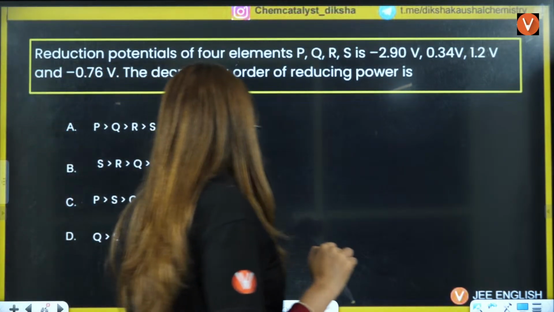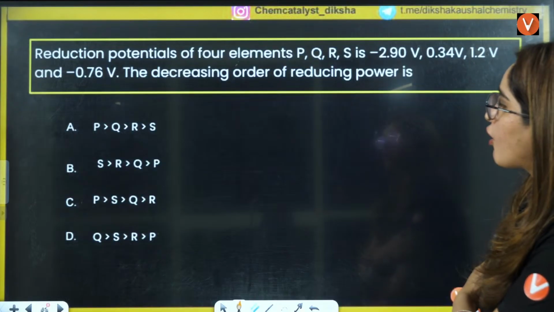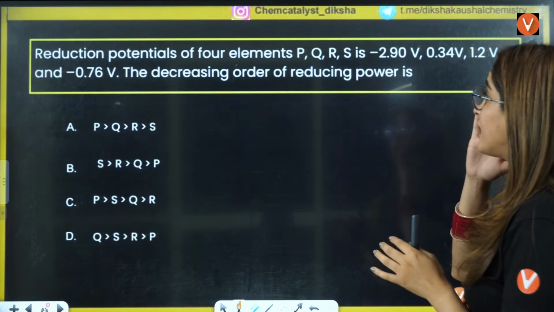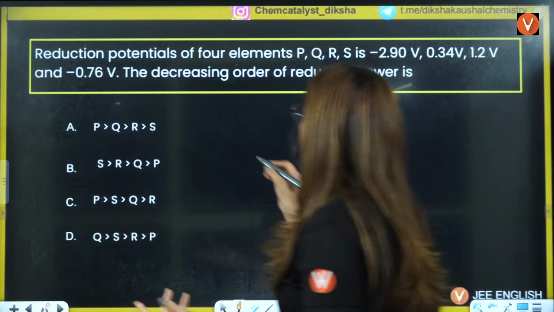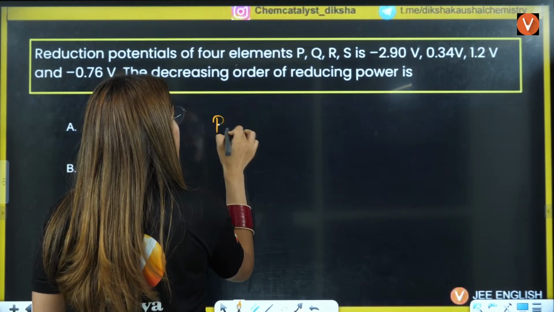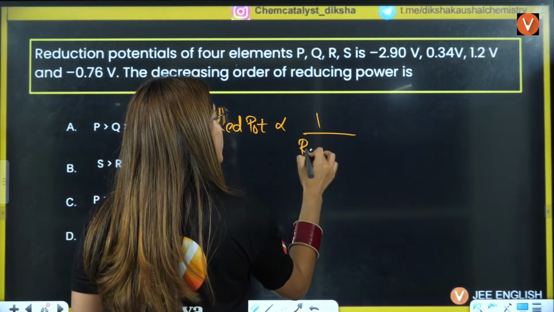Next we have the reduction potential of 4 elements, P, Q, R, S, given to you, and the decreasing order of reducing power. See, reduction potential is inversely related to reducing power.